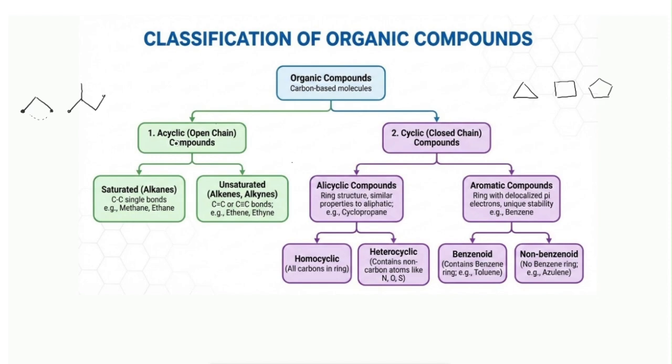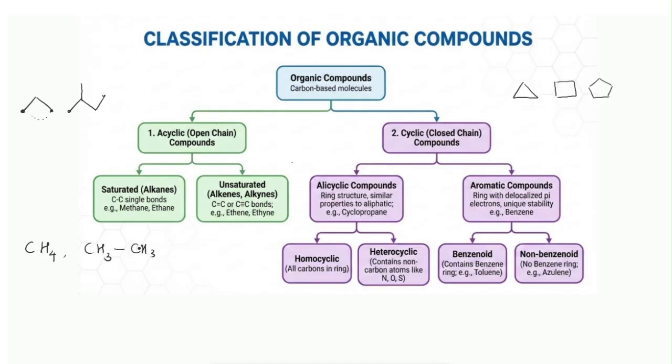Now let's classify the acyclic compounds further. It can be classified as saturated and unsaturated. If the molecules have only sigma bonds, then we call it saturated. So the best examples are alkane molecules. For example, let's take methane or ethane, right?